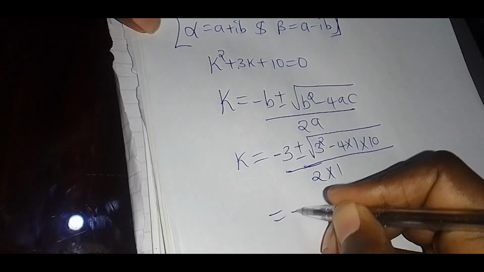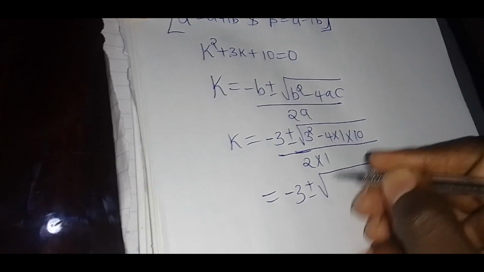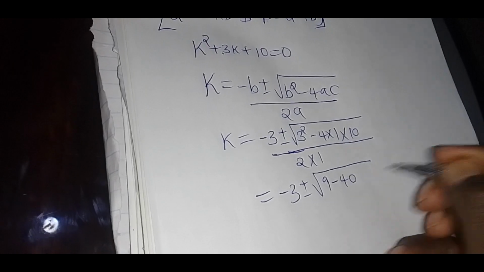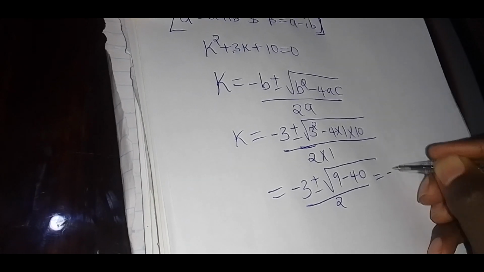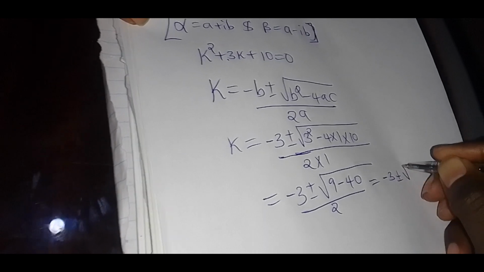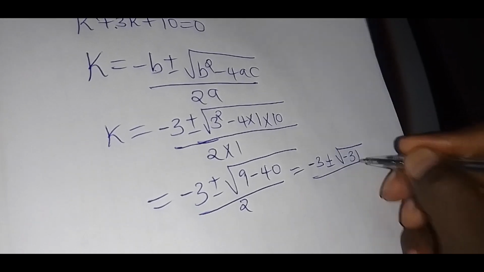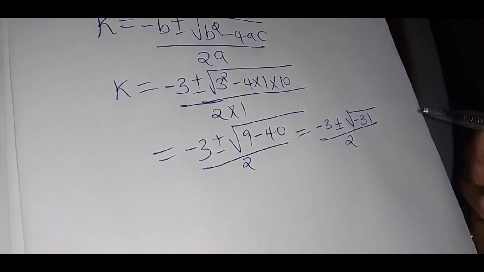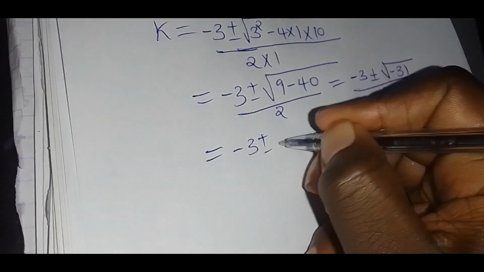So this will give us minus 3 plus or minus the square root of 9 minus 40, divided by 2. So this is equal to minus 3 plus or minus, 9 minus 40 is minus 31, divided by 2. So we can rewrite this as minus 3 plus or minus.